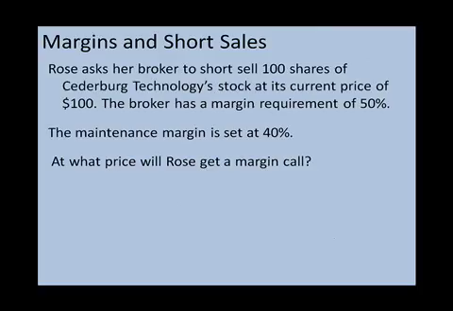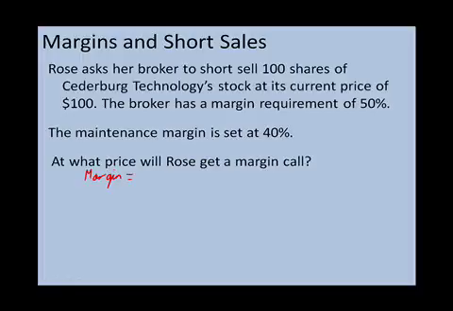Now suppose the maintenance margin on Rose's account is also set at 40%. When will Rose get a margin call? We're going to use the same formulas as on the previous slide. And this is always the key when you look at margin trading, is to write down the formula and then plug the numbers in.